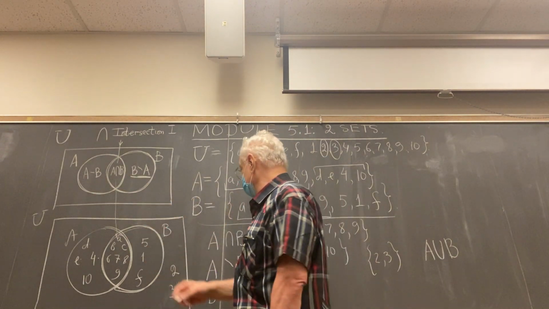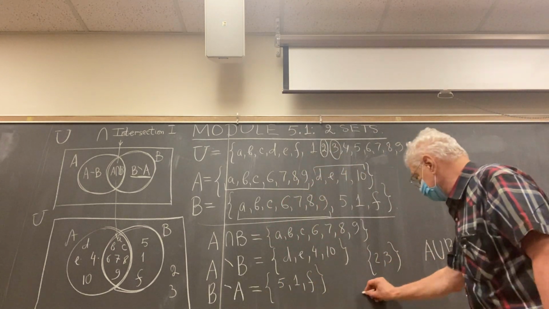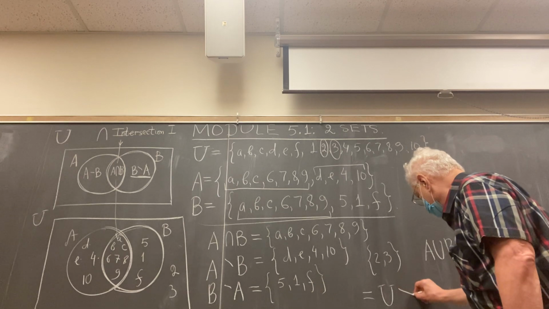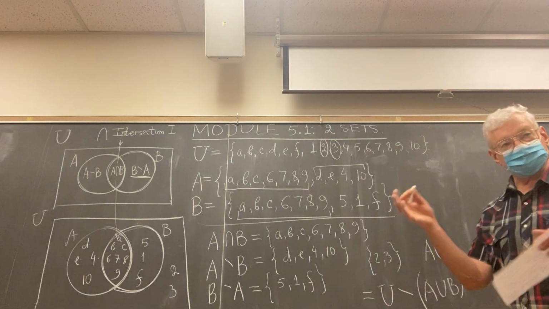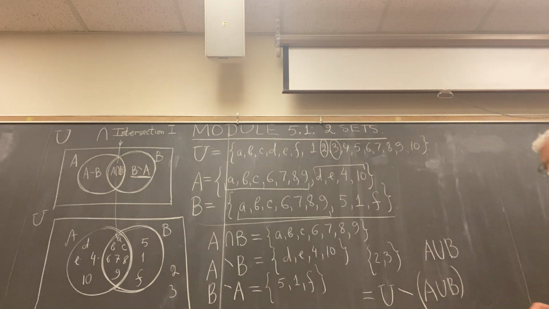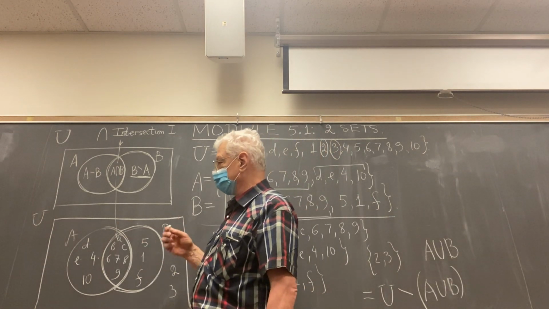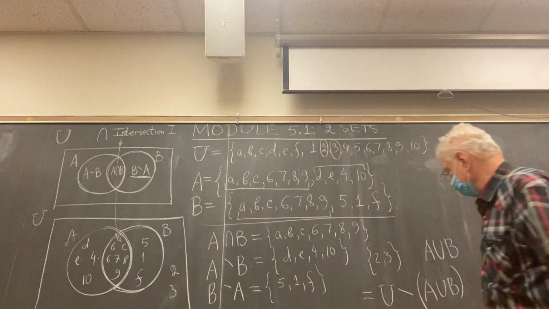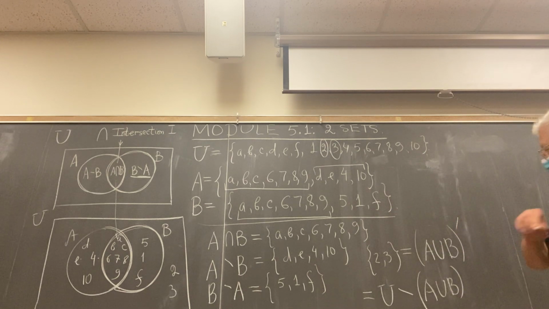You can write it equals U minus A union B. A union B is together. Okay, how is it called? You know, remember, if some set is removed from U, do you remember how it is called? Okay, this is just right. Prime is complement.